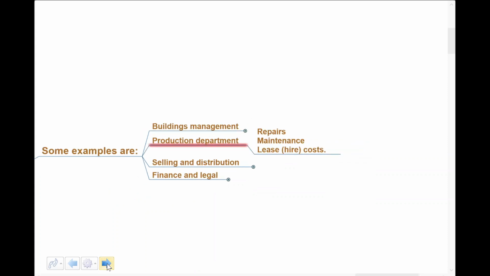Production: let's say we're manufacturing product A, clearly areas such as repairs to machinery, maintenance of machinery, or possibly the lease or hire costs relating to machinery that is used in production.